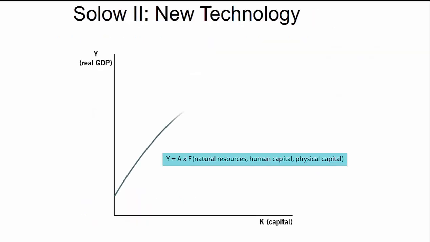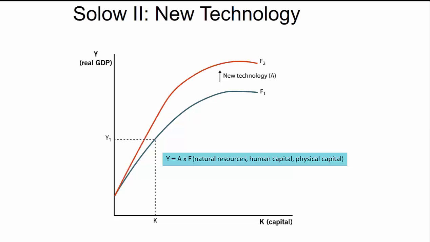So if you look at our Solow growth model, you see the original curve is here. Okay, with K capital, we have Y1 income, and the second curve is when we add technology. So it turns out, as China was here and the USA was here, the reason China didn't catch up to us is because new technology caused us to just move to a new curve.